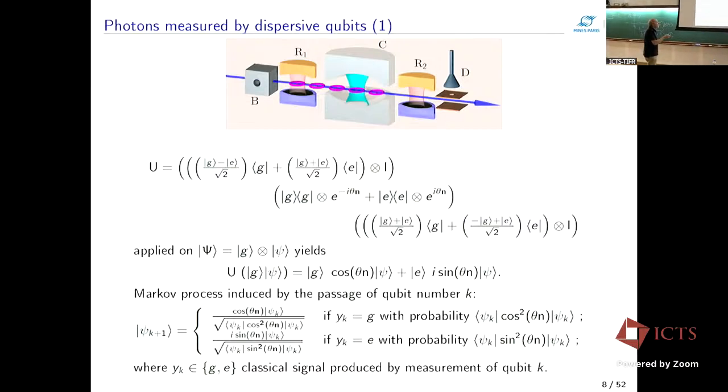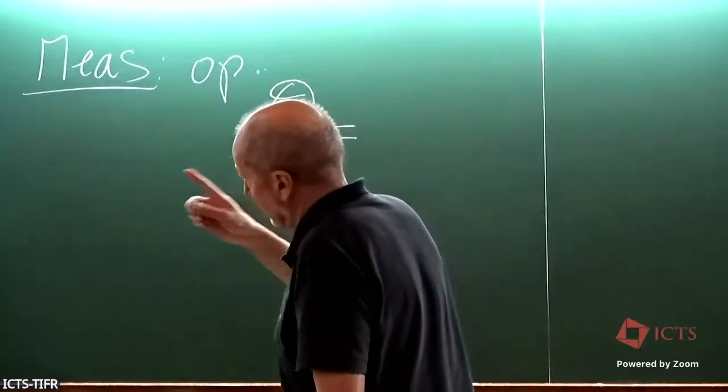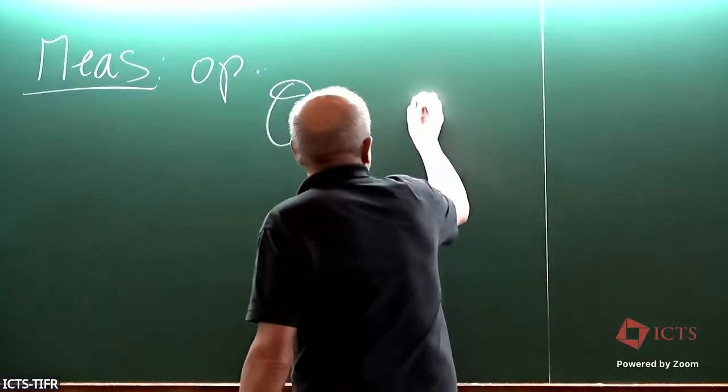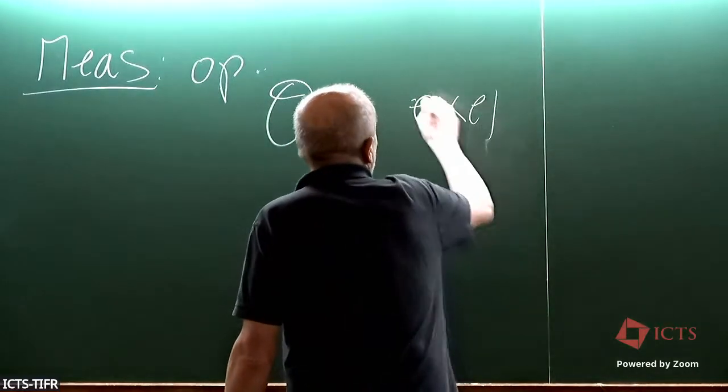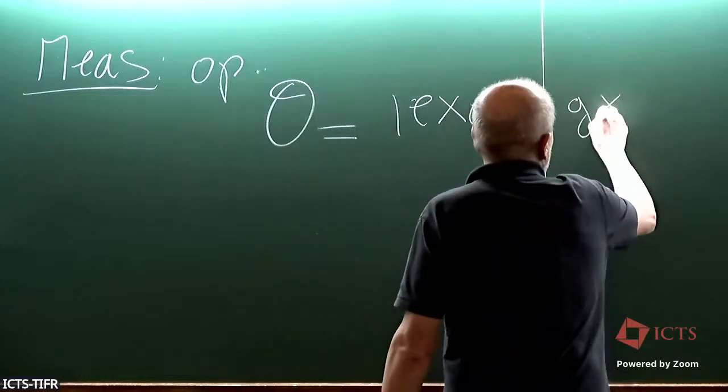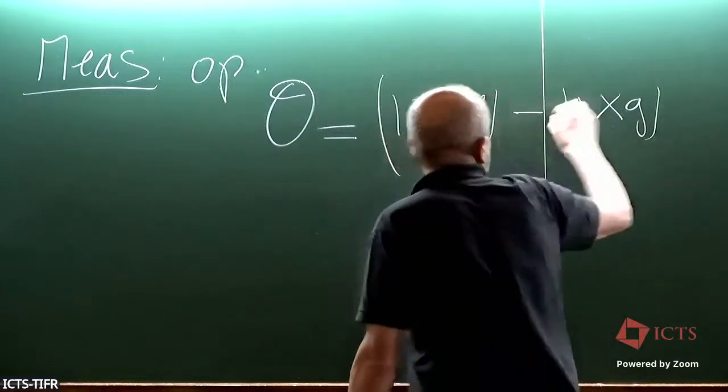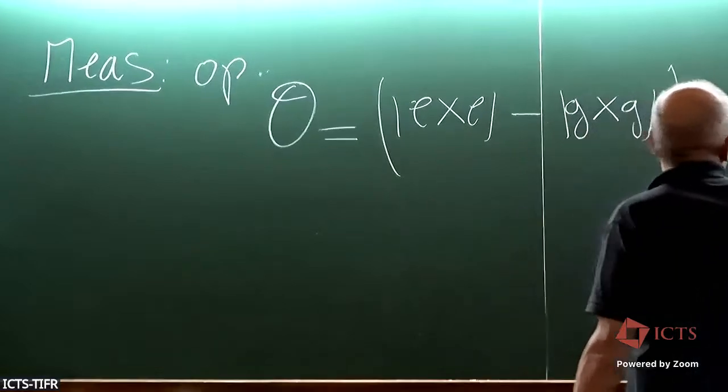And now look here. What we measure is the energy of a spin. So the measurement operator, in this case, it is O. On the spin, it is EE minus GG tensor identity.